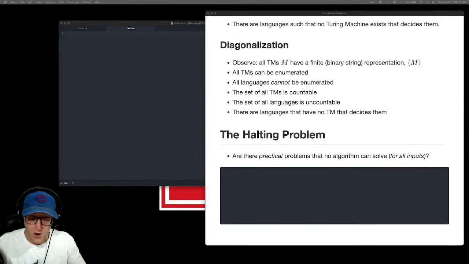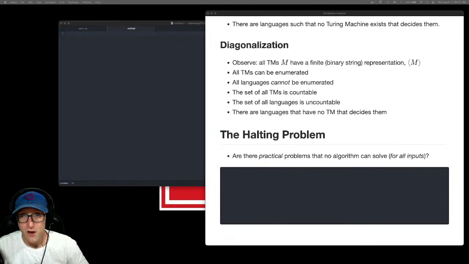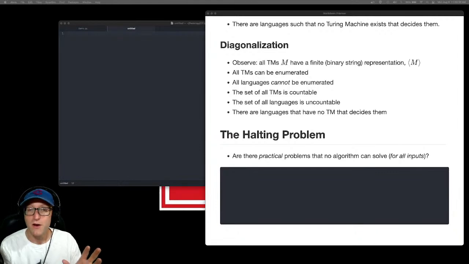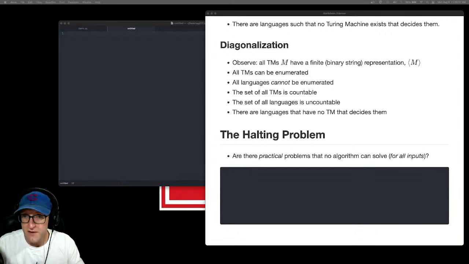Now, there are plenty of practical problems that are undecided. We call these things undecidable. There are plenty of practical problems that are undecidable in the infinite, right? There's going to be some input that it gets stuck into an infinite loop. But for all intents and purposes, you can do some static analysis on your code, on your algorithm, whatever you want to call it at that point, and come up with, oh, actually this will get caught in an infinite loop.